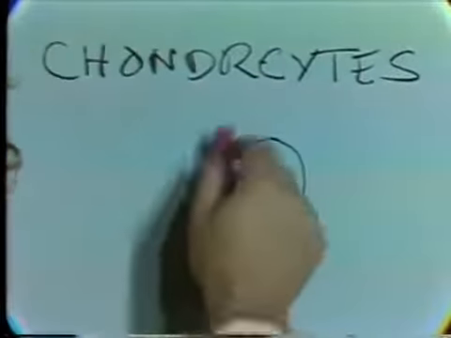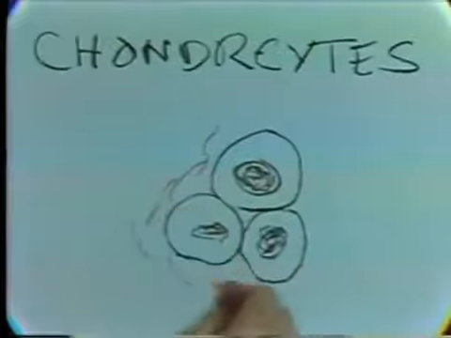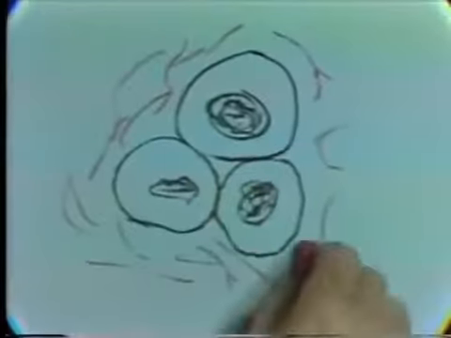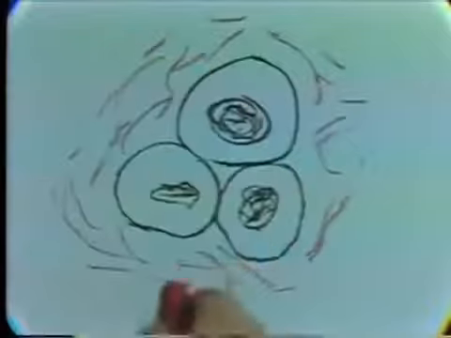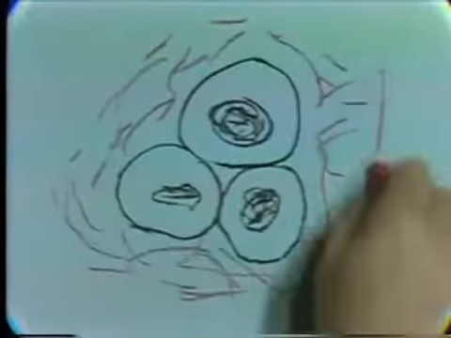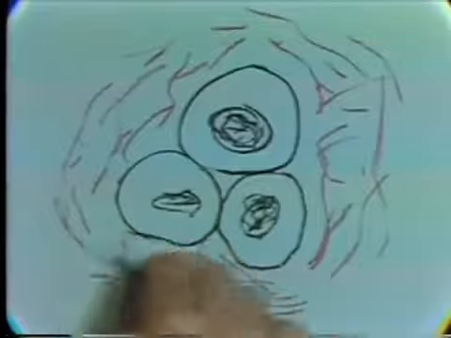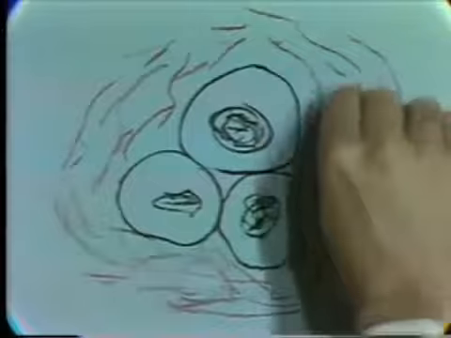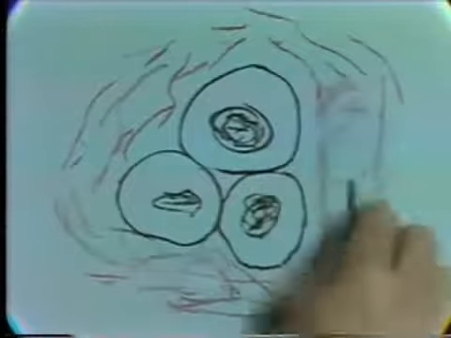They elaborate fibers. These are the collagen fibers, just like a fibroblast. They're produced by the chondrocytes. These are collagen fibers. But in cartilage, the mucopolysaccharide that's elaborated masks the fibers so that you don't see the fibers.